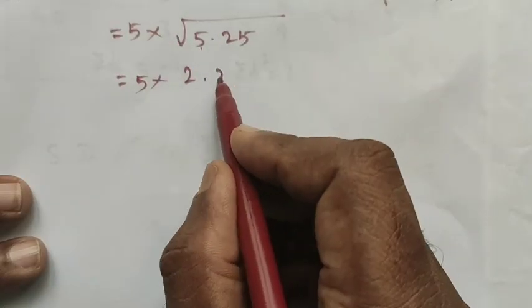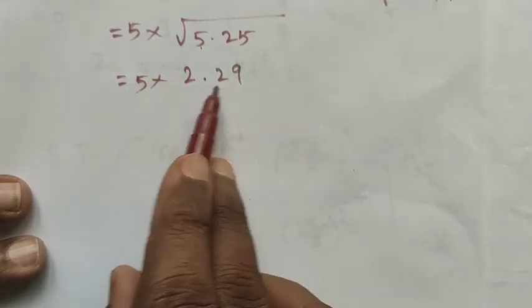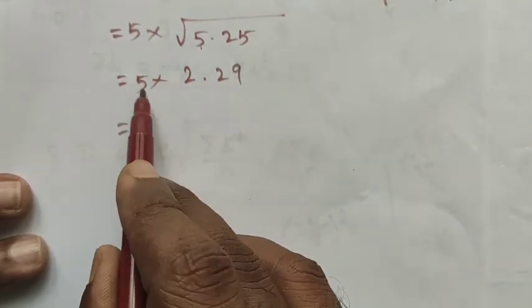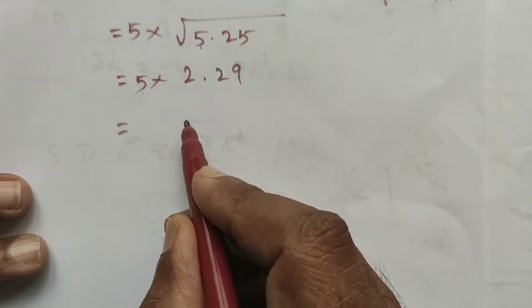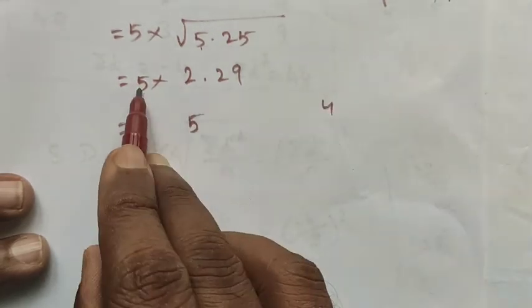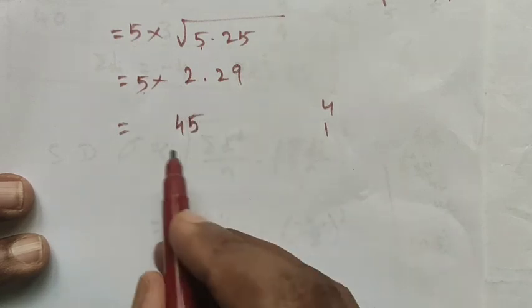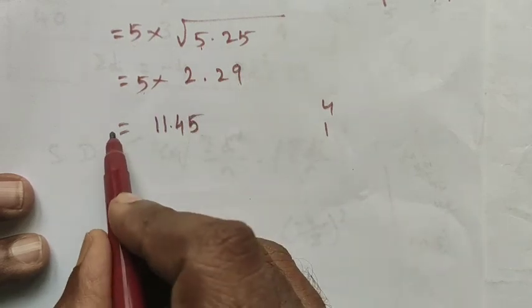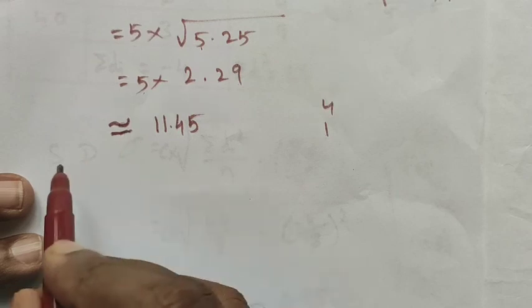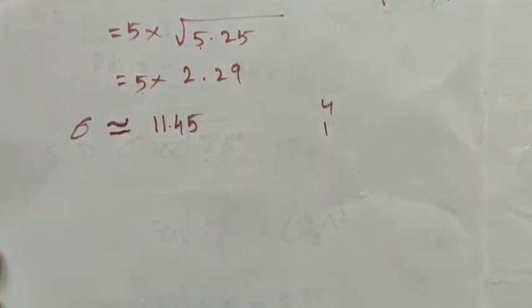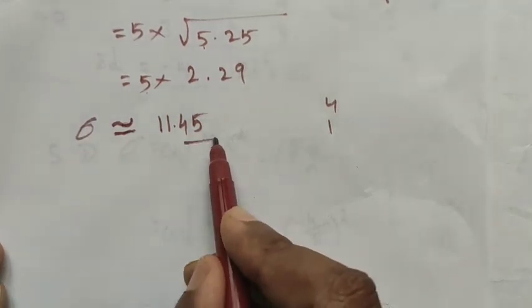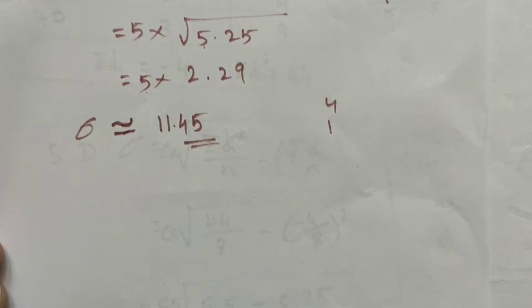So we take 2.29. Now multiply by 5: 5 9s are 45, 5 remainder 4, 5 2s are 10 plus 4 is 14, 4 remainder 1, 5 2s are 10, 10 plus 1 is 11, with 2 decimal places. So the standard deviation is approximately 11.45. That is the answer. Thank you, students.